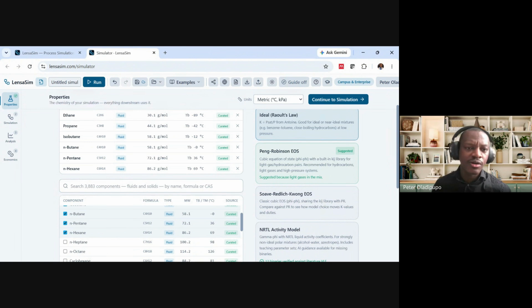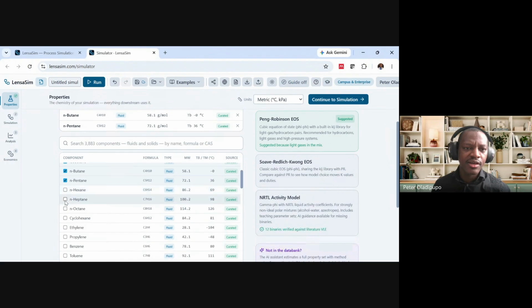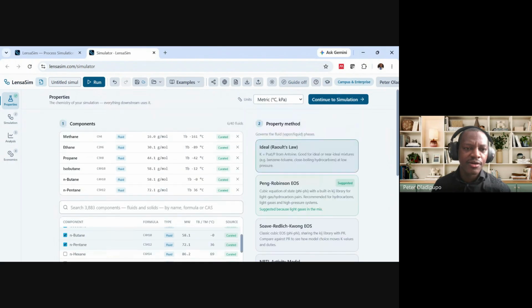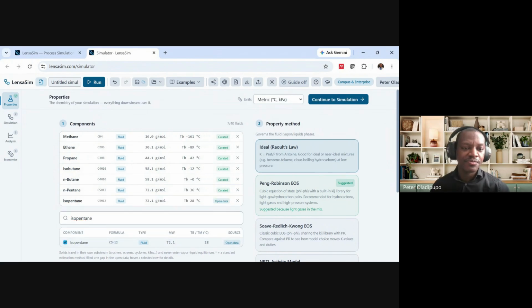Okay, so n-pentane, then isopentane. One thing you could see is any component that you can't readily find or see, you can always use the search button to find them. So isopentane is there. Then heptane.